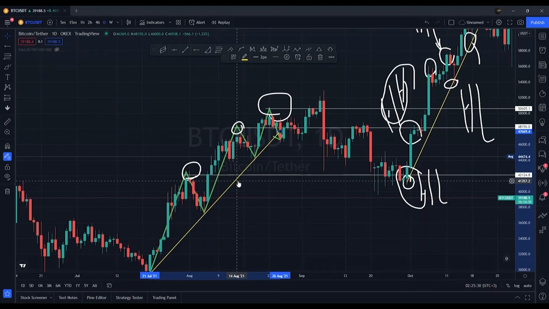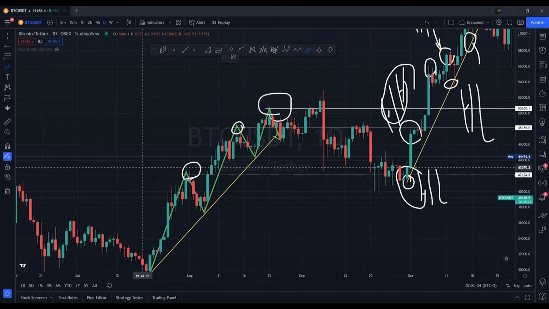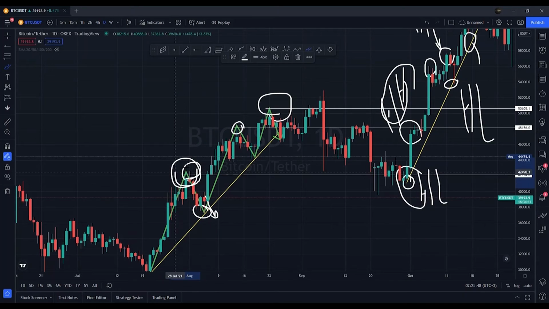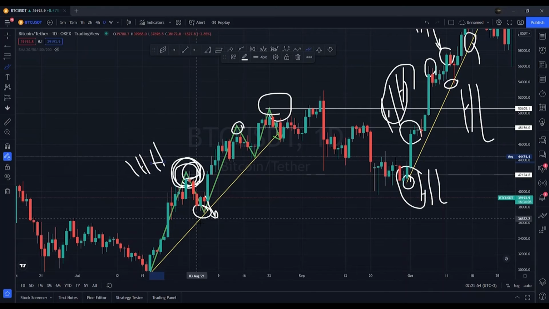In this case, in an uptrend, trend lines act as support. We know that if this trend line held the price and the price couldn't break this trend line, then we are going to see another higher high, a bigger move and a higher price than our first higher high.